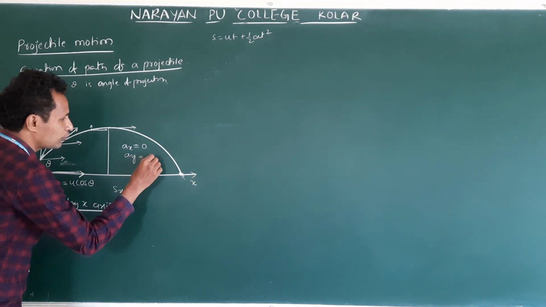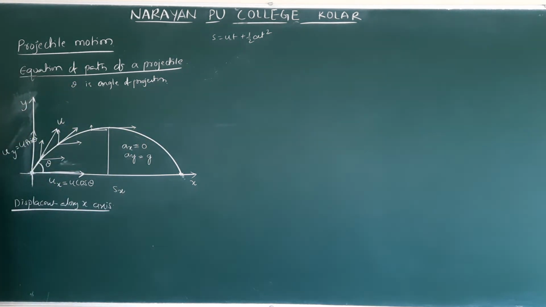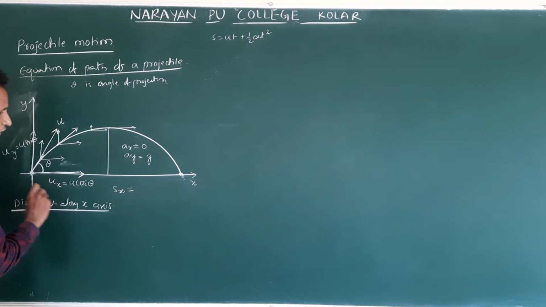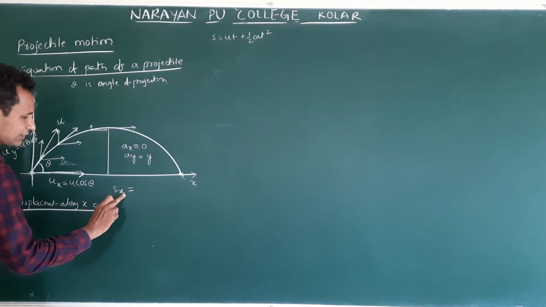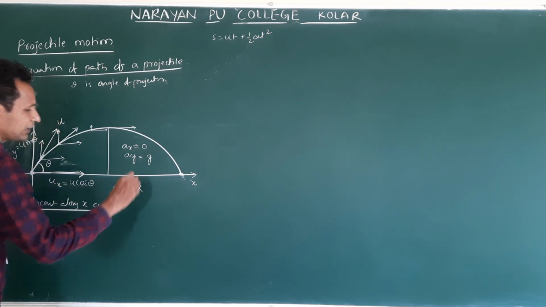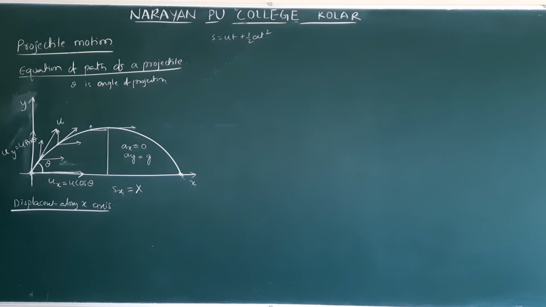It acts in the downward direction. So g. Clear? Now I am talking about the displacement along the x direction. This total displacement you consider as Sx. Clear? So this value is not taken as small x, you take it as capital X. Now, displacement along the x direction.